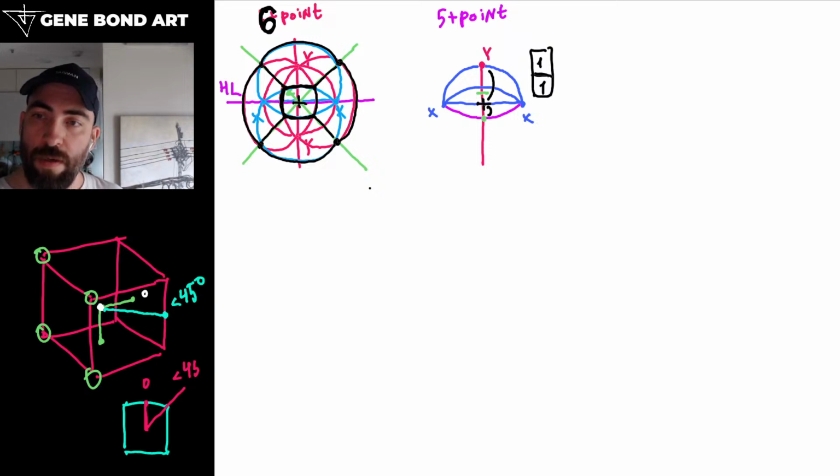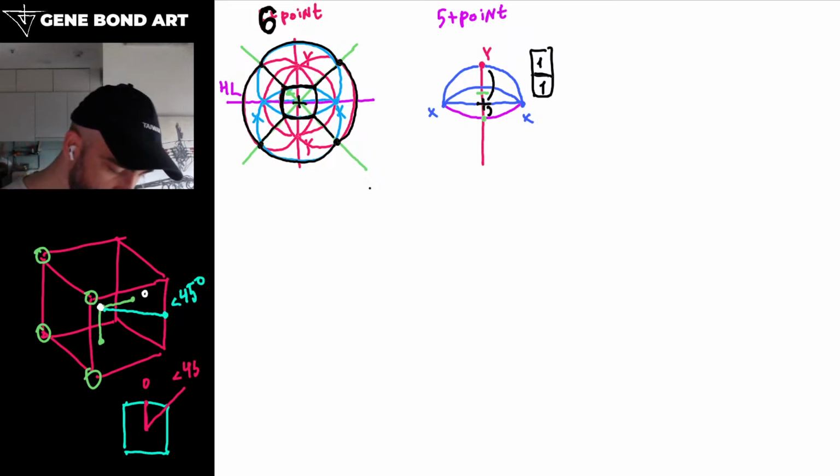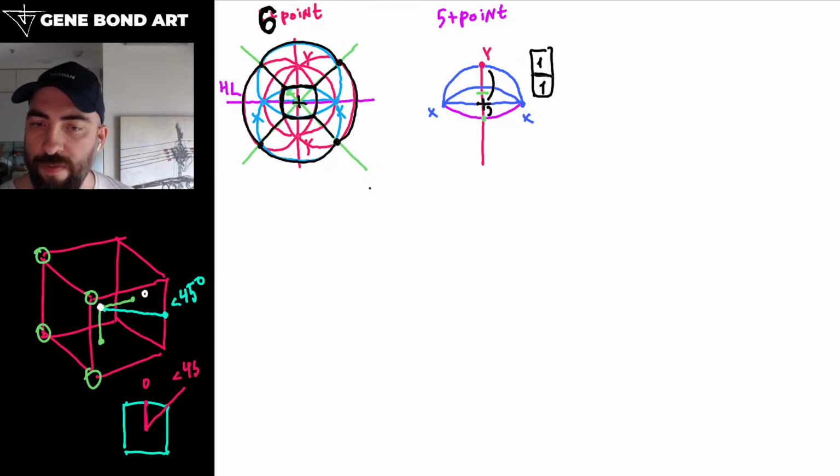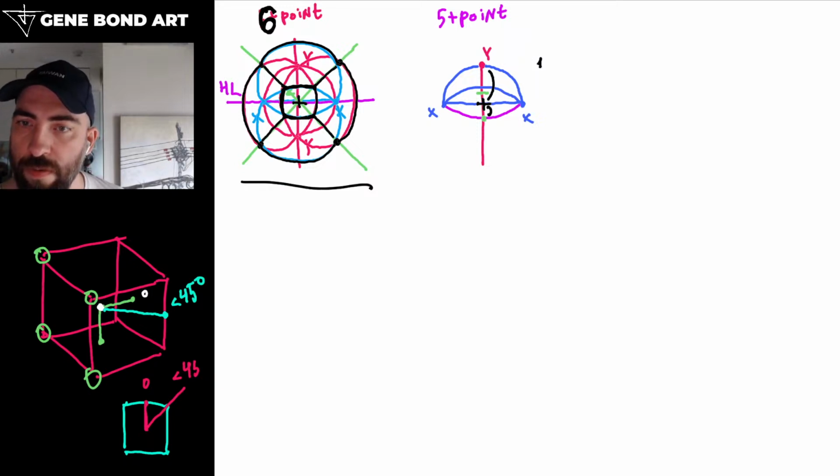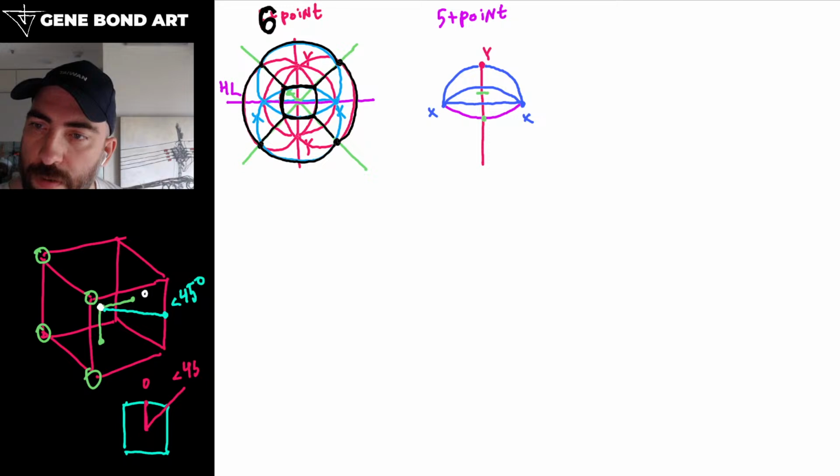Here, in this example I have, let's see the ratio here. Yeah, like 1 and 3.